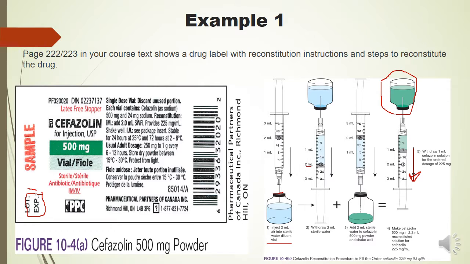But anyways, then as we read further, the final concentration that will produce is 225 milligrams per milliliter. So we know if we add 2 milliliters of solvent to our solute of 500 milligrams, our final concentration is going to be 225 milligrams per 1 milliliter.